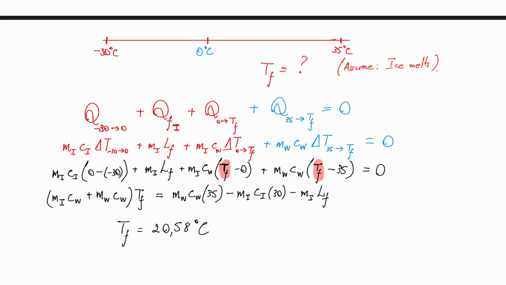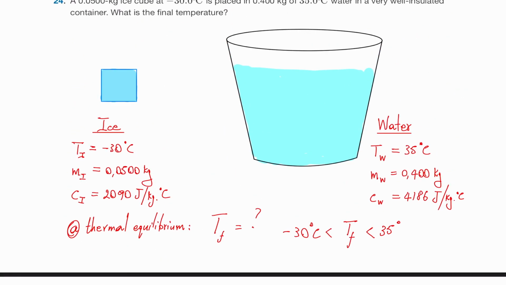So let's use a bit of intuition and experience. How much ice do we have? We have 0.4 kilograms of water, and of ice we have 0.05 kilograms. So one might imagine that it is likely that the water has so much energy that it will melt the ice and the ice will become water.